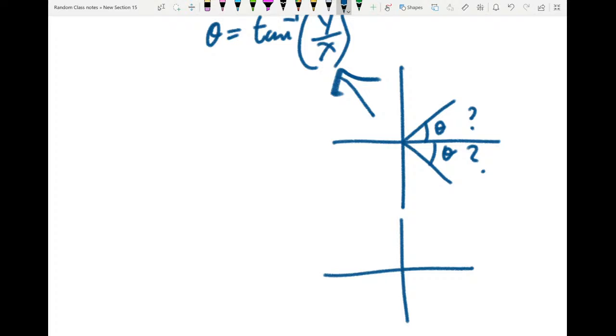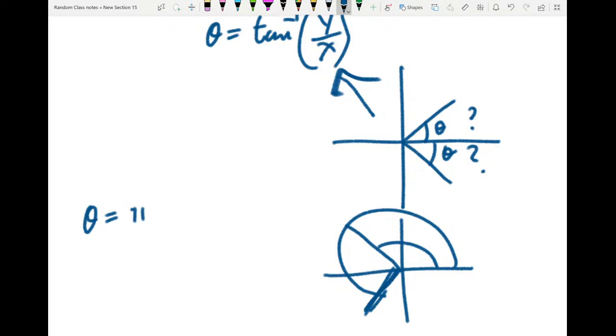Now, if the angles are in the third or fourth quadrant, just add pi to it. So theta equals pi plus tangent inverse of y over x.